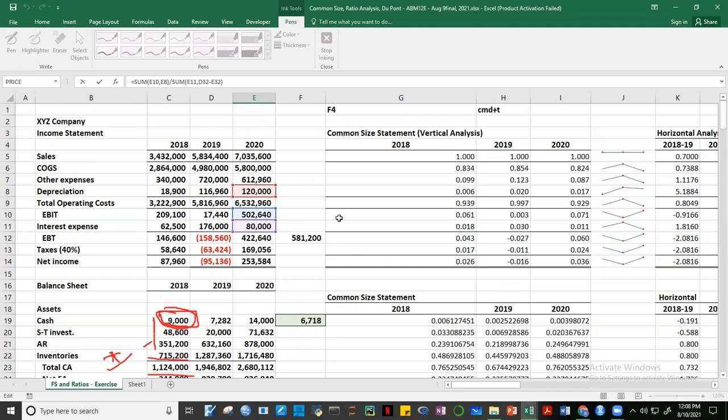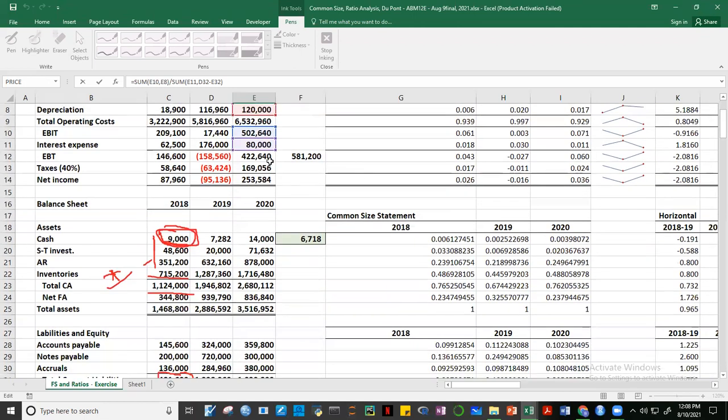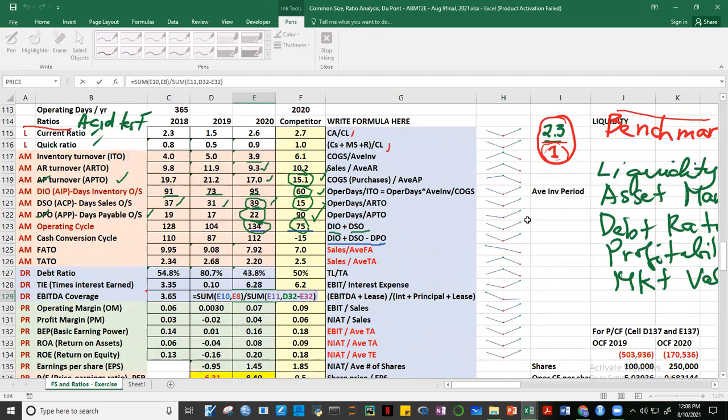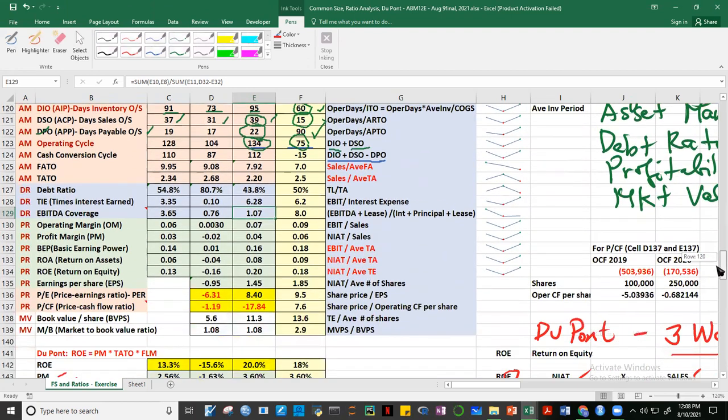And then it should be EBIT plus depreciation, no? Yes, sir. EBIT 120 plus. So you should be getting 622. Yes, sir. 622. And then divided by interest, 80. Interest 80 plus yung 500,000. Yes, sir. Okay, so ano nakuha mo?